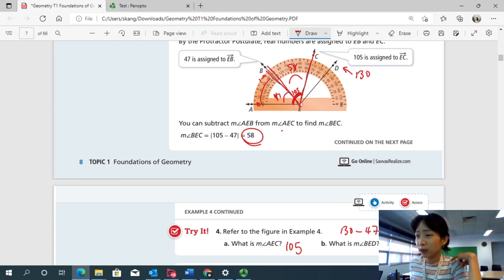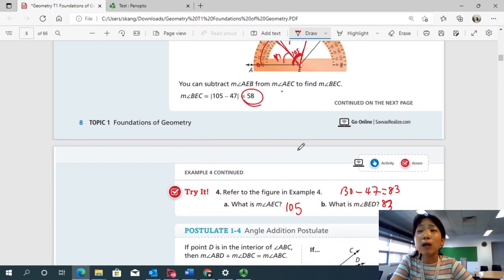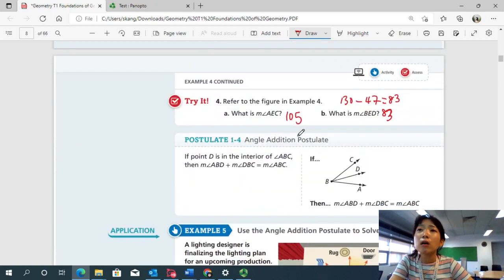And that could be 83. So 83 would be the measure of angle BED. All right, if you got them all correct, good job.